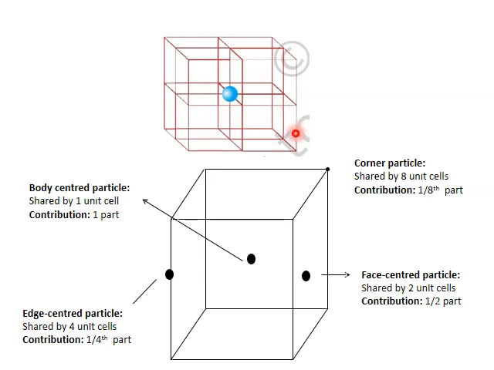Like this, based on the location of the particle, that particle will be shared by one or more unit cells. So before understanding the number of particles present in one unit cell, first you must know how much is the contribution of that particular particle to the unit cell, or how many unit cells share that given particle. When you understand that, the calculation becomes easy.